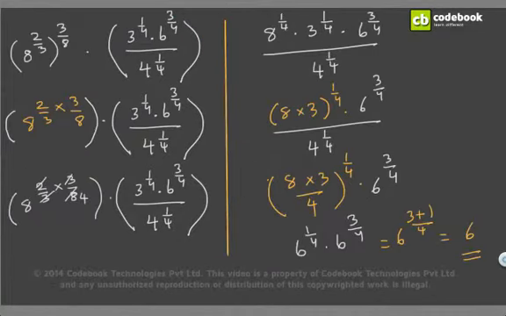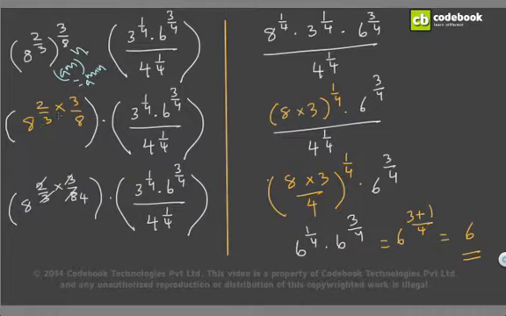So from the previous slide, we had 8 power 2 by 3 raised power 3 by 8 and the second term. But if you observe here, it is in the form of a power m whole power n, which is nothing but a power m multiplied by n. So applying the power of powers law, we have 8 power 2 by 3 multiplied by 3 by 8 and the second term.